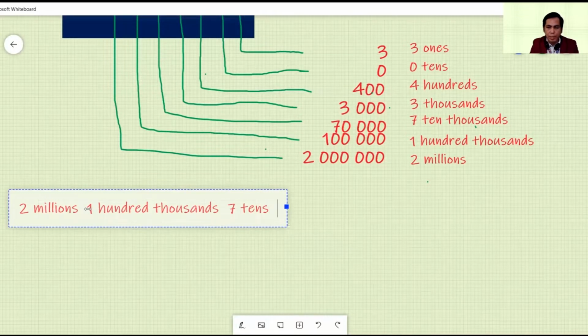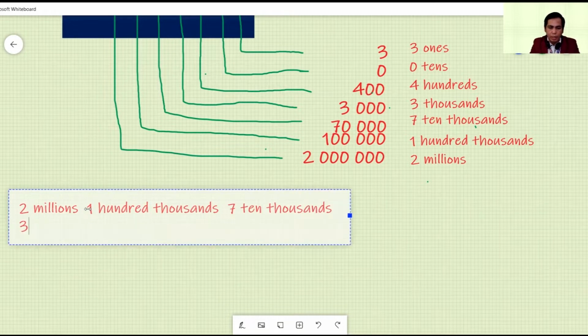Remember that I am just simply writing the numeral digit by digit with its equivalent place values.